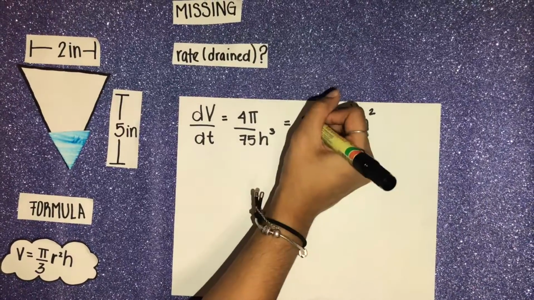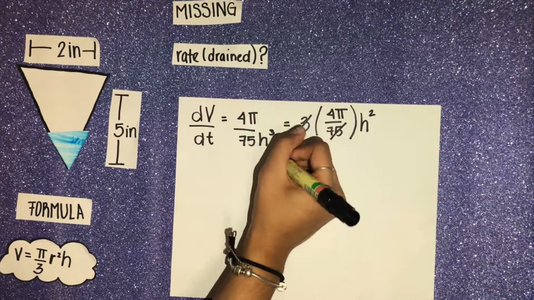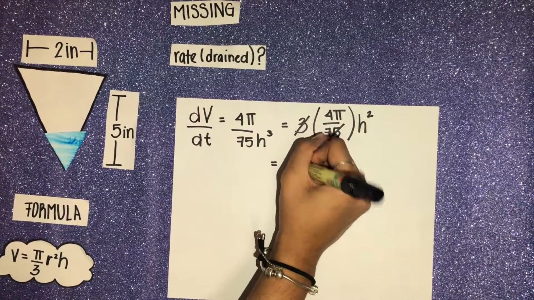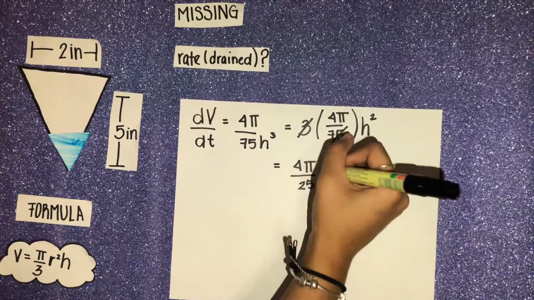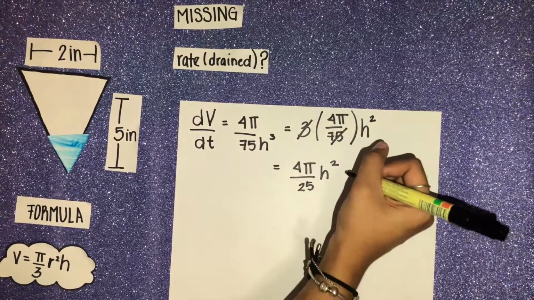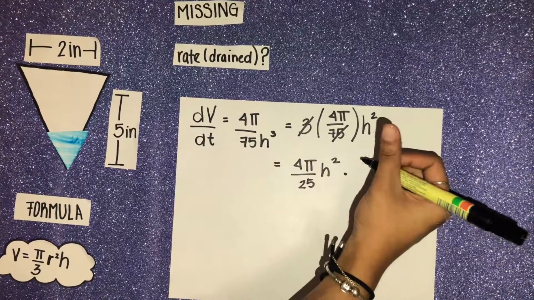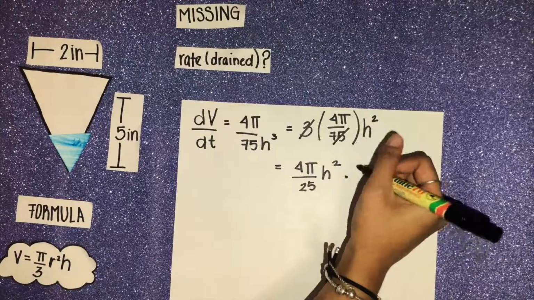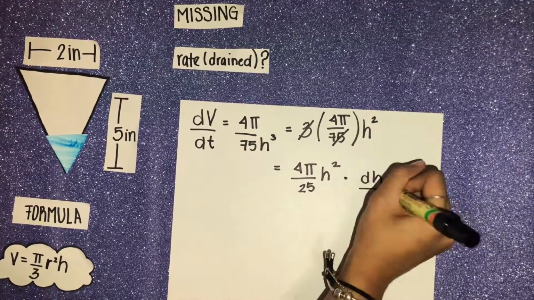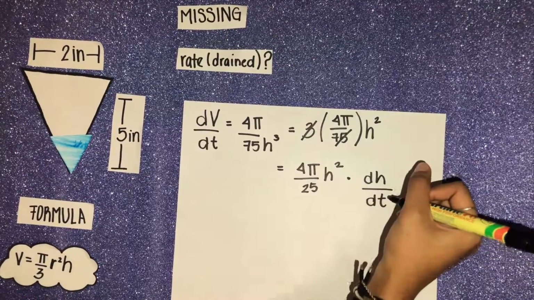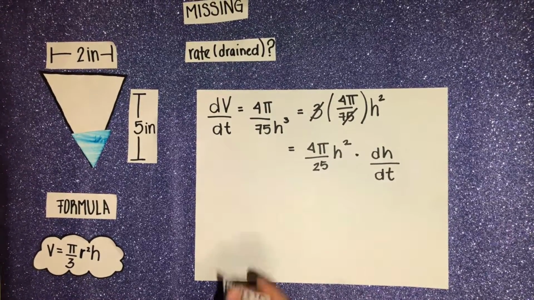And now we can simplify 3 and 75, and that will give us 4 pi over 25 h squared. And now we multiply times the derivative of height, that will be dh over dt. So now we only need to replace the variables with the givens.